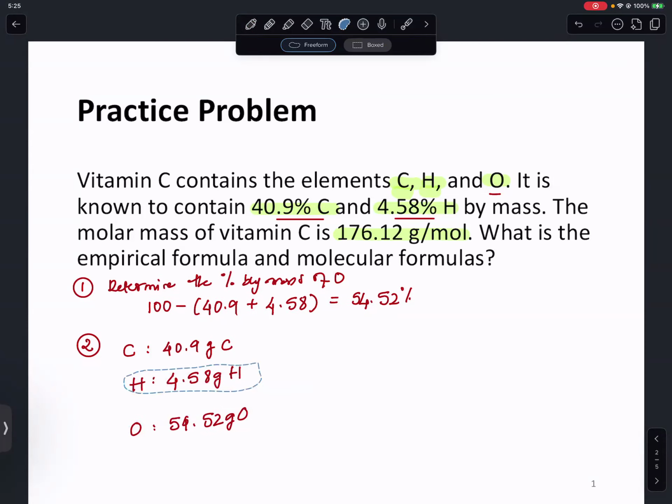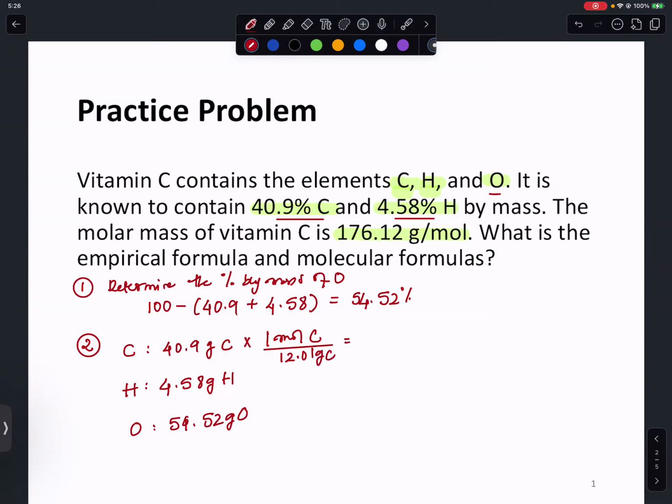I'm just making room for myself right here. So I will divide here by the molar mass of carbon. And this should give me 3.40549542 moles. And for hydrogen, I will divide by the molar mass of hydrogen.